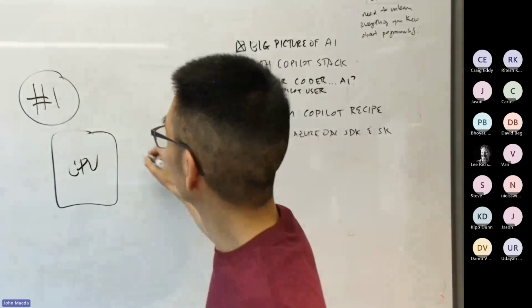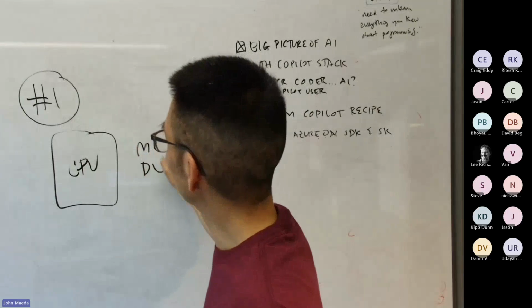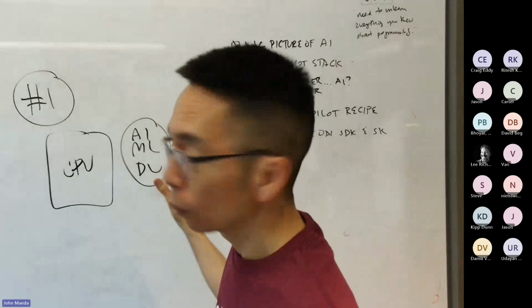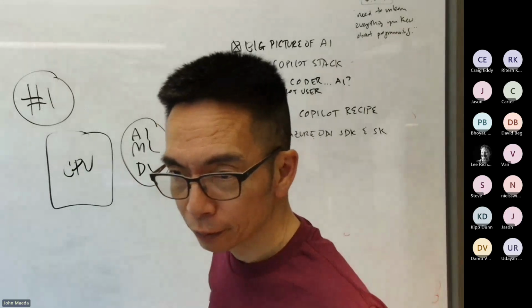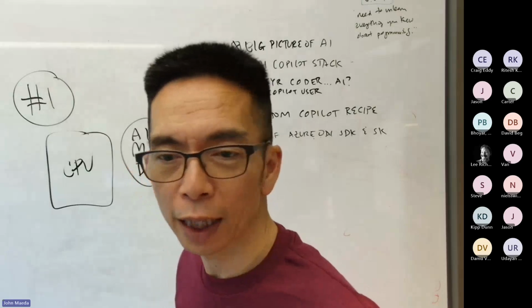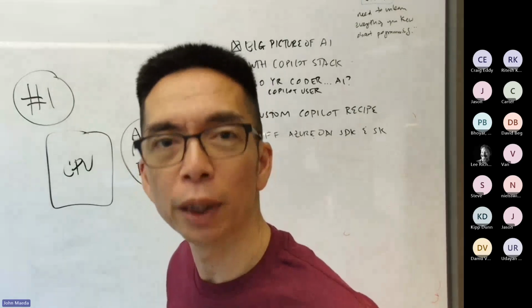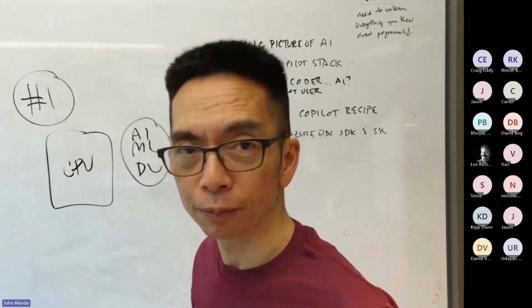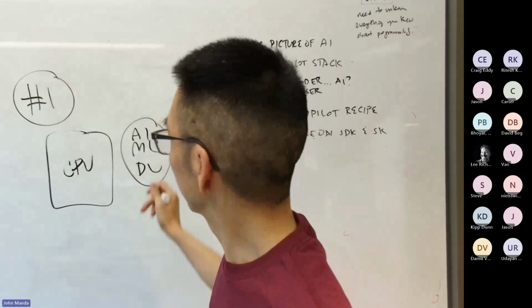That's the whole machine learning, deep learning, AKA AI world. When you build a model, it takes time. You can't do it in a few minutes or a few hours, because you need a lot of data to create the model.